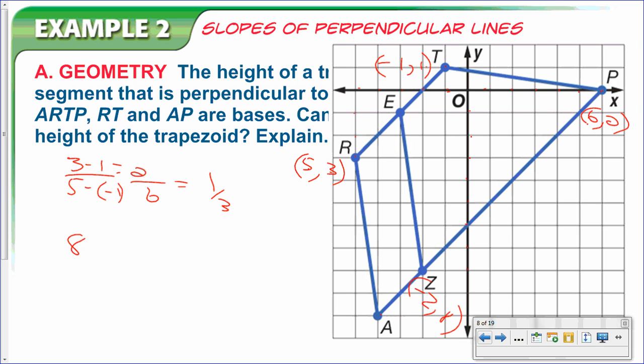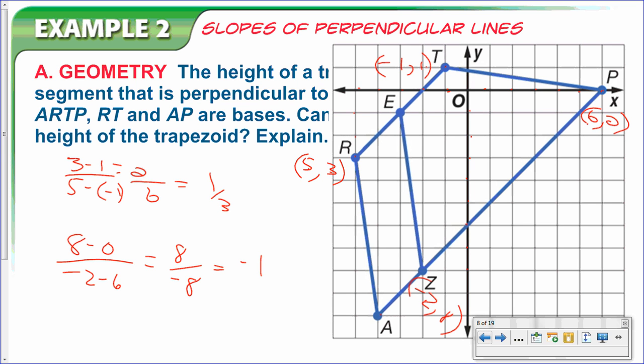So 8 minus 0 over -2 minus 6, that's 8 over -8. Well, the slopes aren't the same, so they're not parallel, are they?